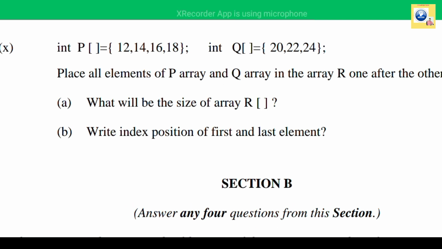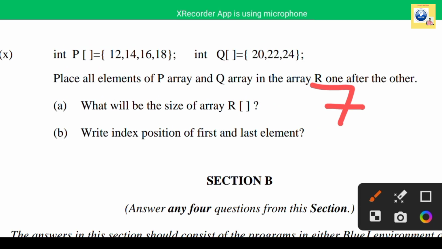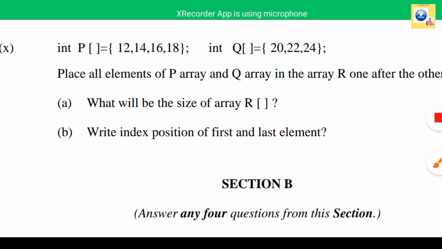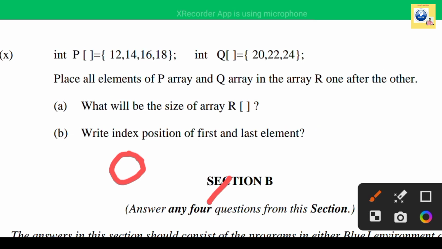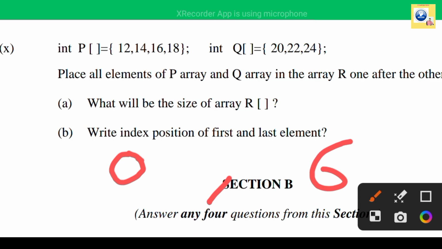So the total number of elements in array R will be 7. And what will be the index position of the first element? We know that the first element's position is 0, and there are 7 elements. Because it begins with 0, the last element's index will be 6. So the index position of the first element is 0 and the index position of the last element is 6.